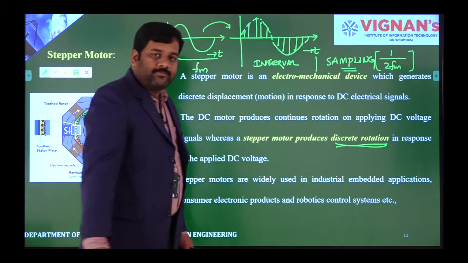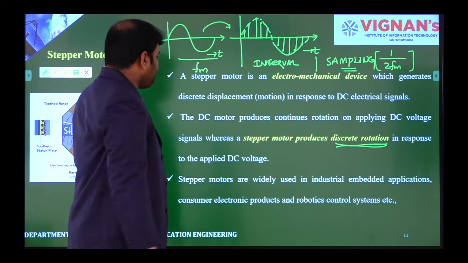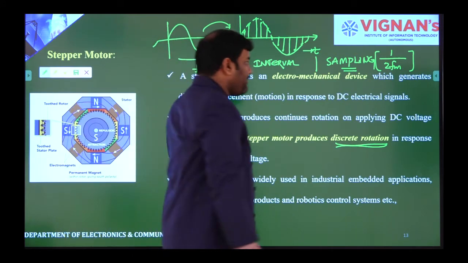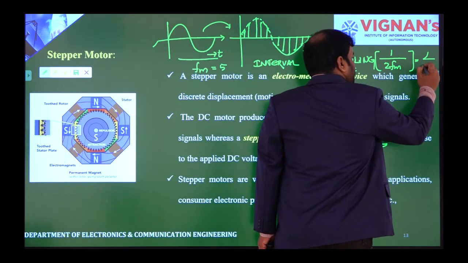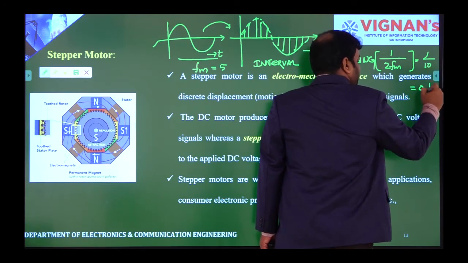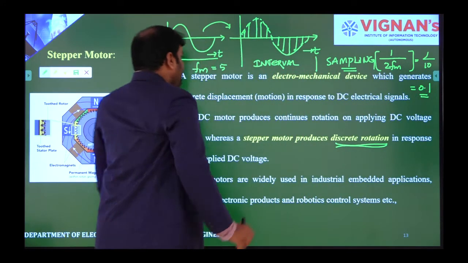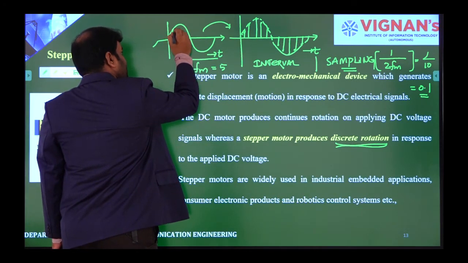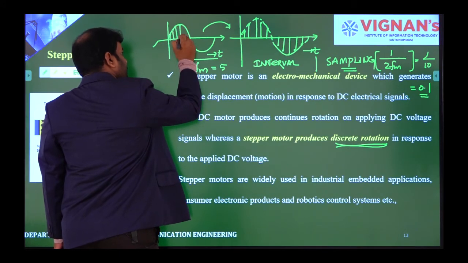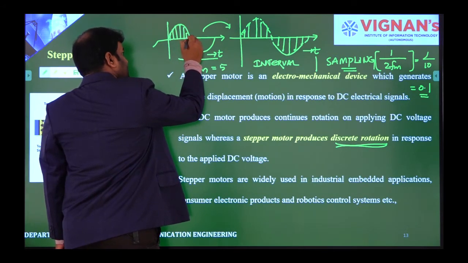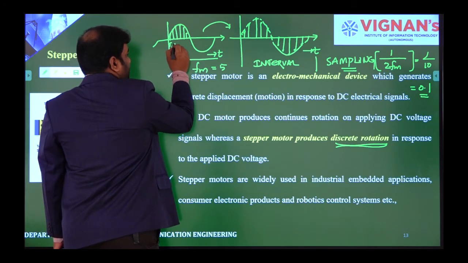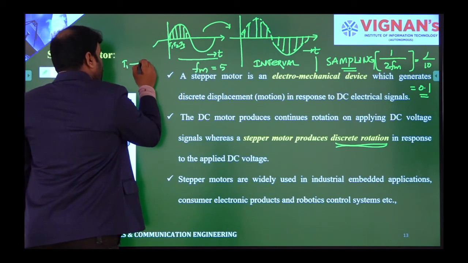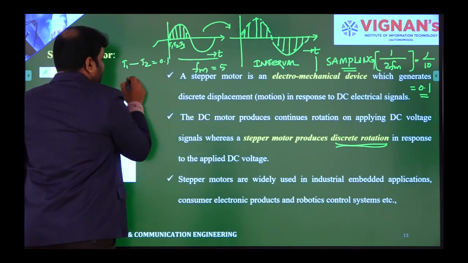So if I calculate like this, for example, FM is 5, then 1 by 2 FM becomes 1 by 5 twos are 10, that is nothing but 0.1. So I would like to segregate this signal at 0.1, 0.2, 0.3, 4, 5, 6, 7, meaning T1, T2, T3. The difference between T1 to T2 is 0.1 second.